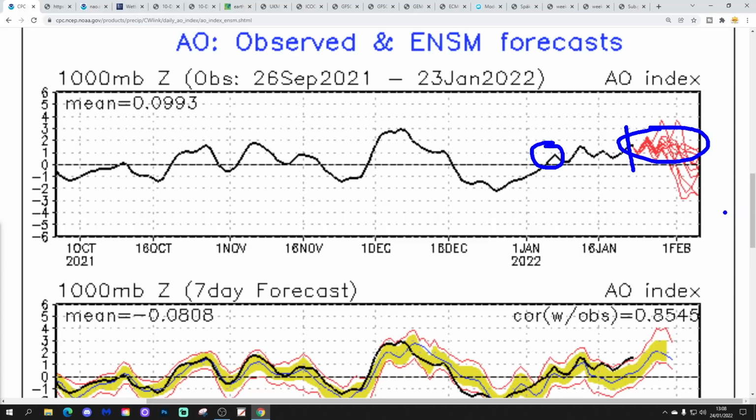GFS ensembles are forecasting the Arctic Oscillation will stay positive right the way through to the beginning of February. There are a few outlier members here in early February that dip the AO negative. They're outliers, so the majority of the GFS ensembles are keeping the Arctic Oscillation in positive territory. So this is an ongoing signal, for Western and Northern Europe anyway, for relatively mild weather.